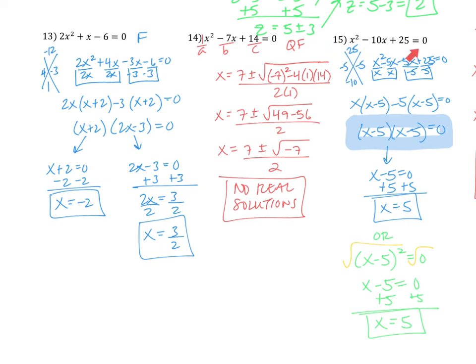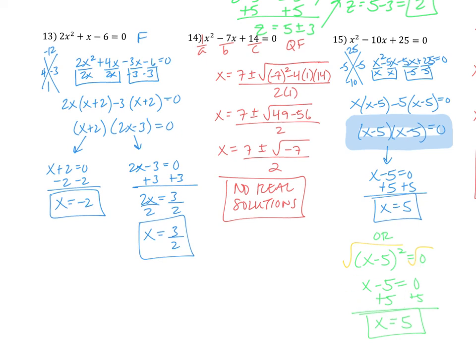Now looking at 15, again, we could have used the quadratic formula, but I thought, hey, this is very possible to factor. So when I change my original trinomial into two binomials being multiplied, there are actually two ways I could approach part of this. Keep in mind that these binomials are the exact same. So when I do the zero product property, I just have to set one of them equal to 0 and solve, because my solution of 5 will be repeated twice.